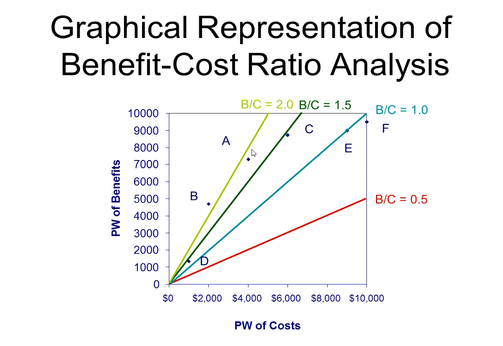However, we have to be careful, right? So you see here where A, it gives us even higher benefit. And so if you look at this, these are above the line.